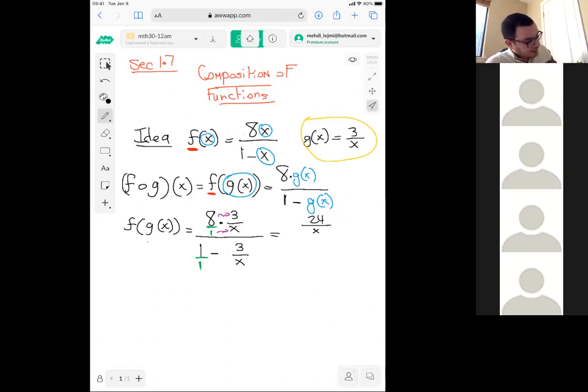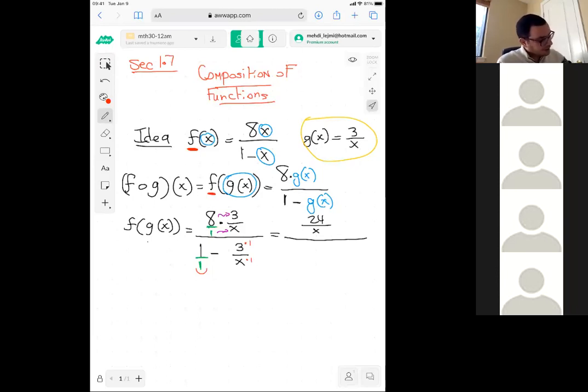That's the top. Now the denominator is a subtraction. How do we subtract fractions? You need to get the common denominator. Here the denominator is 1, so you multiply the top and bottom by x.